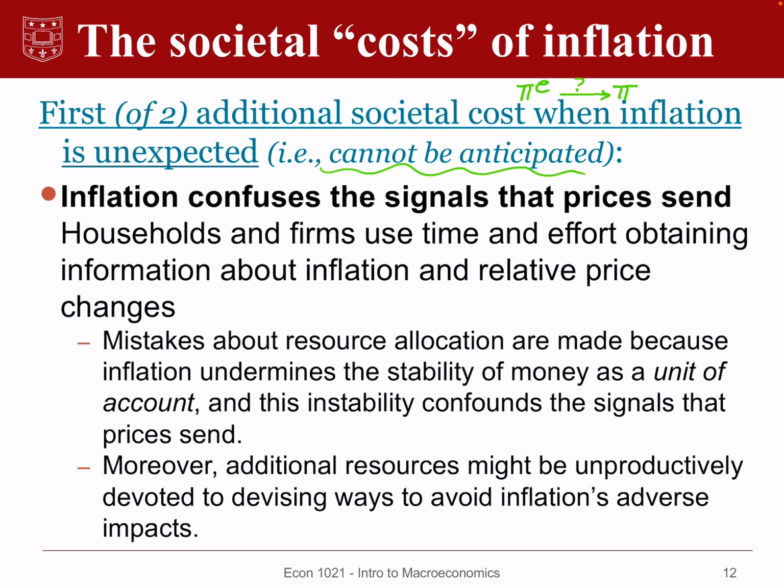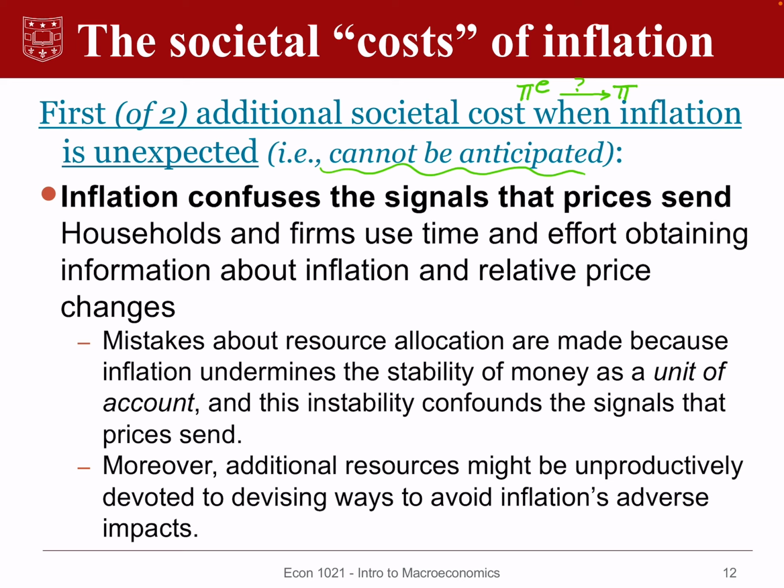Well, then your reaction is, Yippee! People like my stuff a lot more. The price of my stuff is rising more than the overall rate of inflation. That's a positive demand shock, and your reaction should be, in response to the higher relative price, to increase quantity supplied. Prices are correctly signaling to you how to allocate resources because you understood what was happening to prices overall.